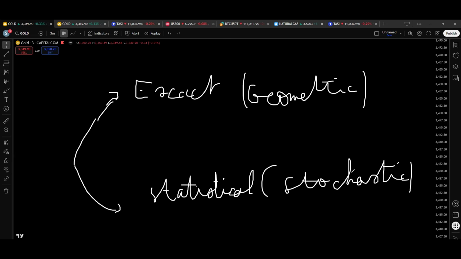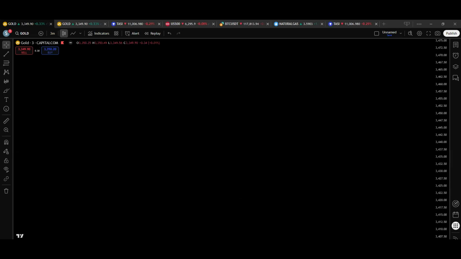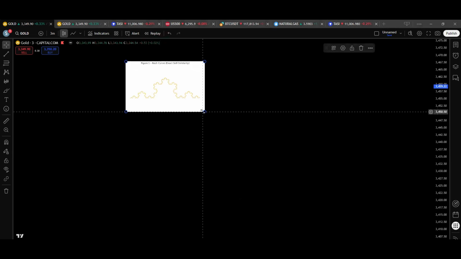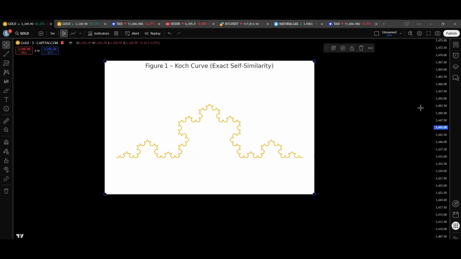So for the exact self-similarity, we talk about pure mathematics, okay? These exact self-similar fractals are computer-generated fractals, okay? Like the Koch curve. Maybe some people have an idea about this. We can see it right here on this picture. So this is a Koch curve, as you can see right here.